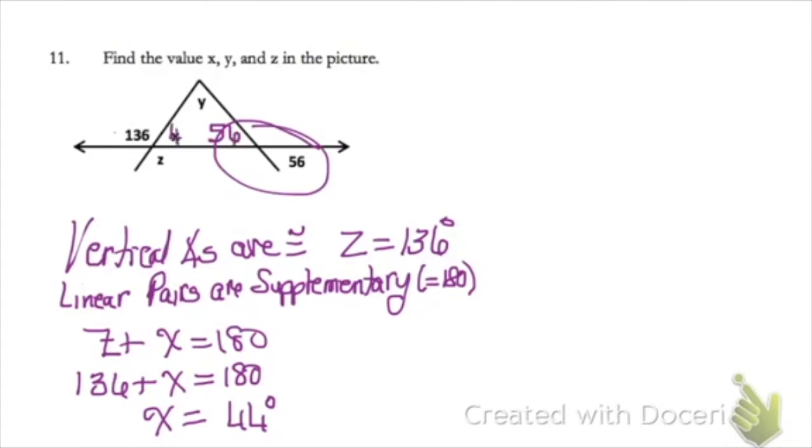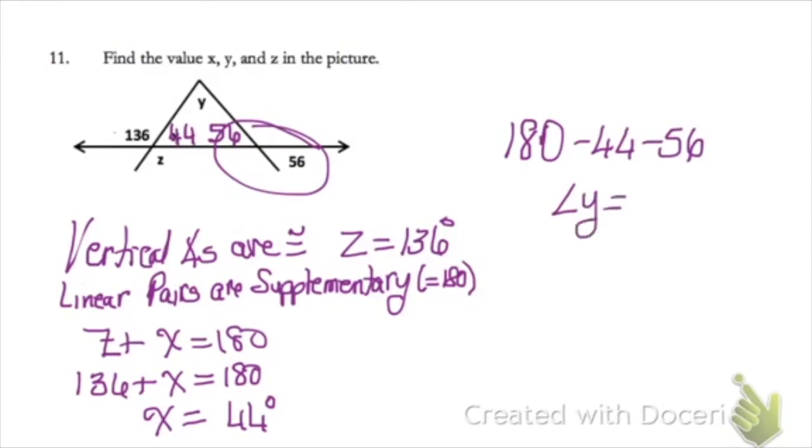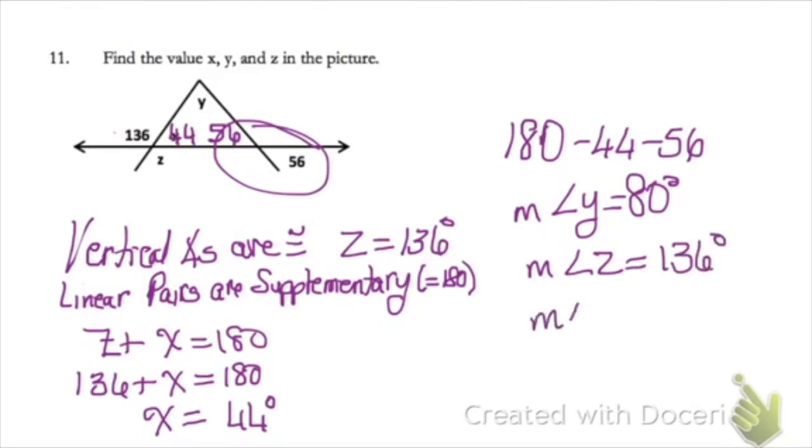I know that x is 44, so since there are 180 degrees in every triangle, if I subtract 44 and 56, I get that angle y equals 80 degrees. And on a test, I would want you to write the measure of angle z equals 136 and the measure of angle x equals 44 degrees.